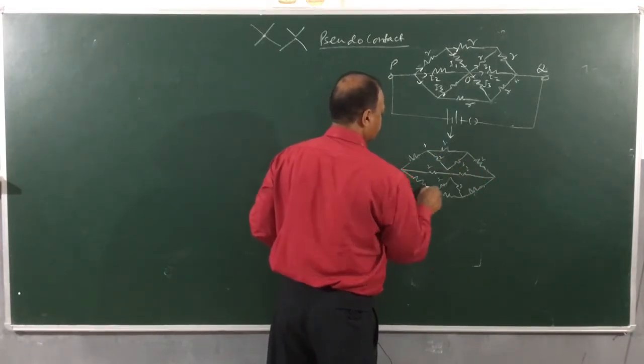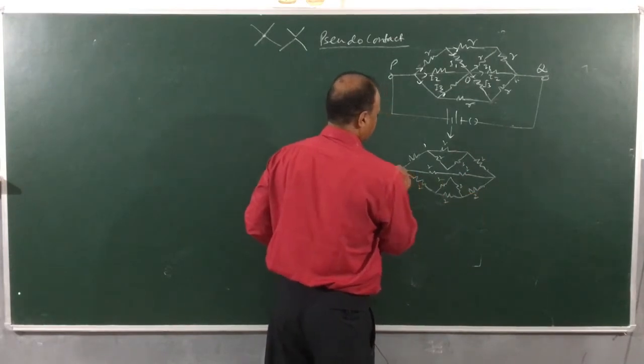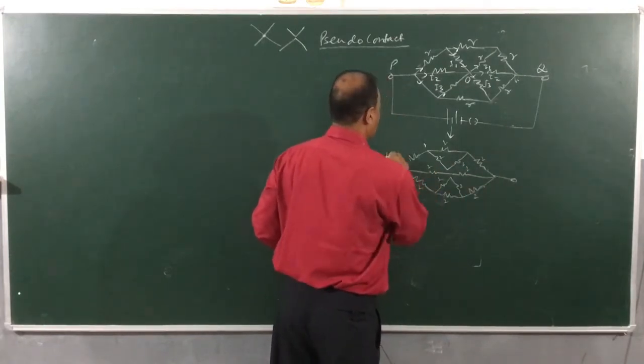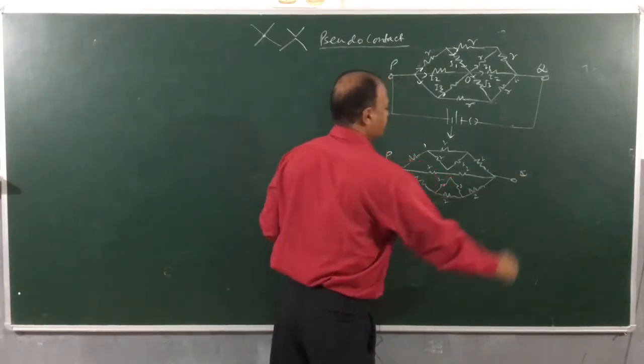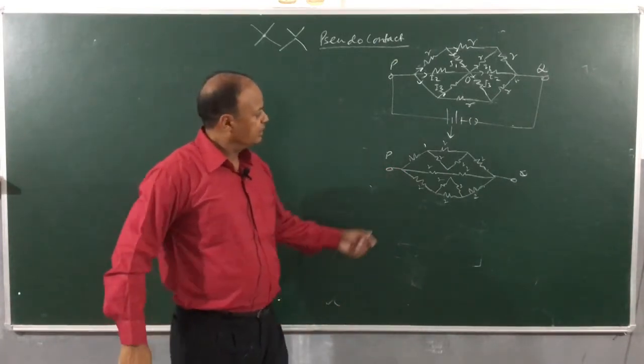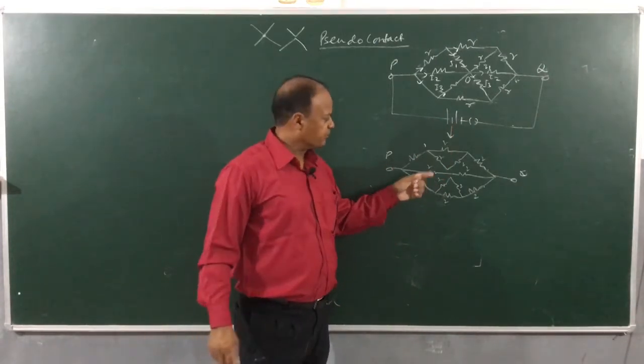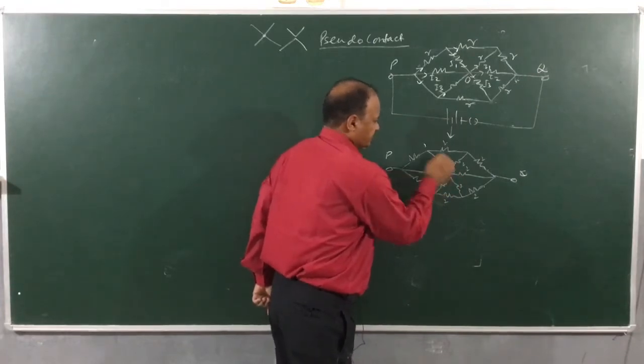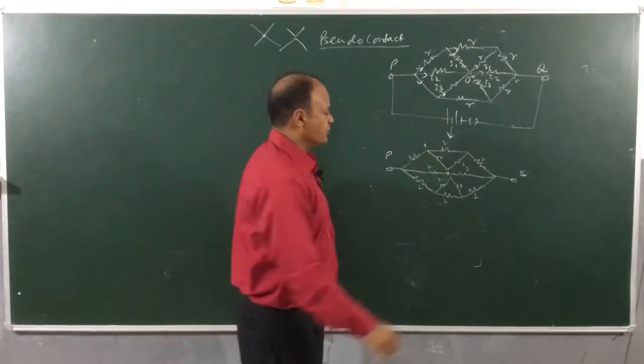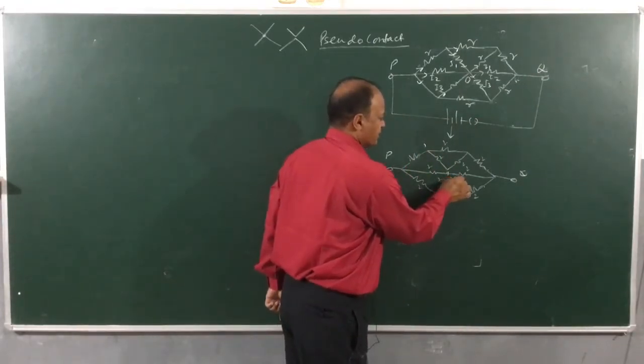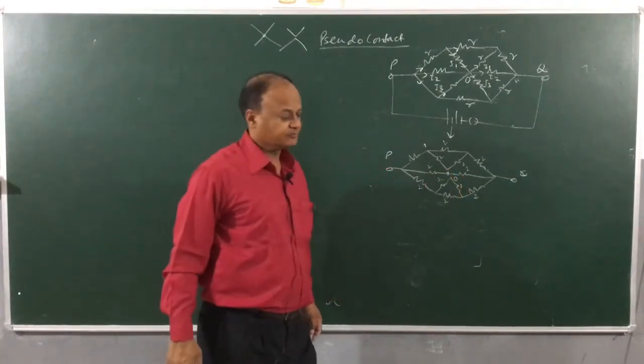Each resistance is R. This is P and this is Q. So it's easy now. This point O is not making a difference to the distribution of currents. It's a pseudo point. So I had removed all these contacts.